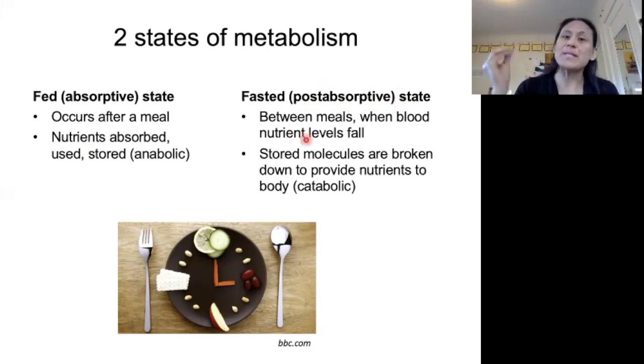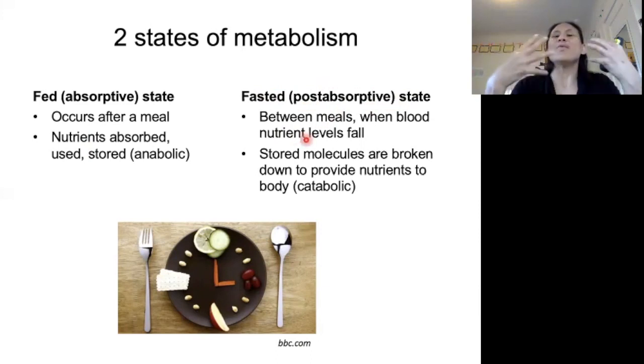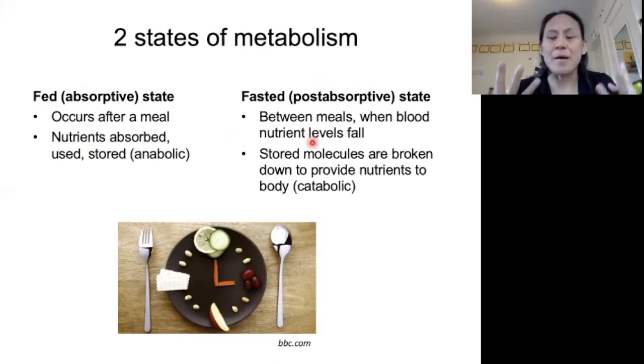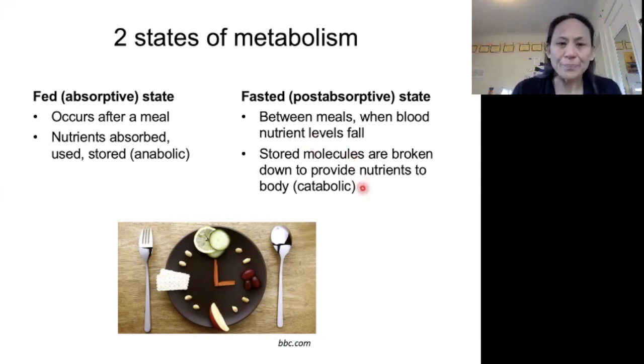And then we tap into those nutrients that we stored earlier during the fed state, and we break them down to free them up for use around the body, because the body still has a demand for these nutrients. So these are catabolic pathways that are going to be happening in the fasted or the post-absorptive state.